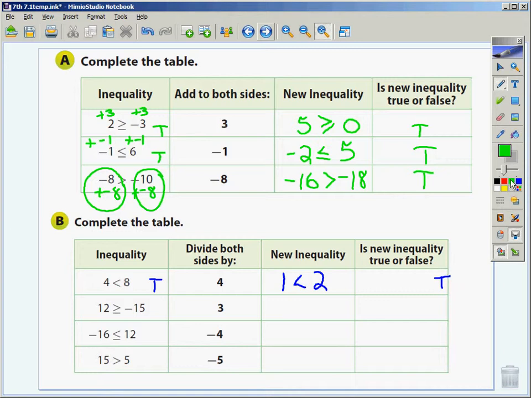If I divide both of these by 3, what's 12 divided by 3? 4. This is greater than or equal to negative 15 divided by 3, negative 5. Is 4 greater than or equal to a negative 5? It's greater than, so it is true.